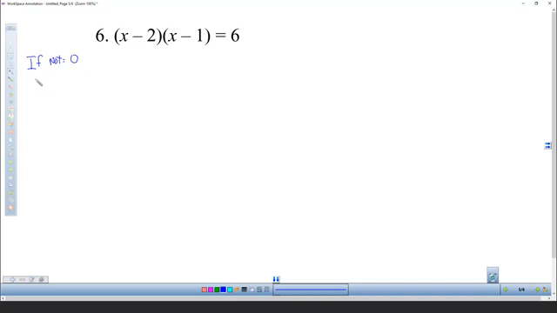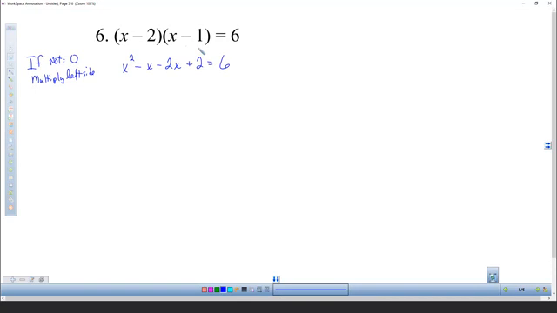So I want to multiply the left side. I'm going to multiply these two terms together. That's going to give me x squared minus x minus 2x plus 2 is equal to 6. That's the first thing I've got to do. I've got to multiply out the left-hand side.